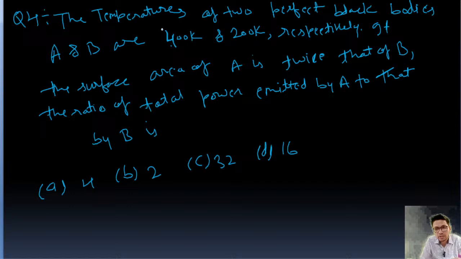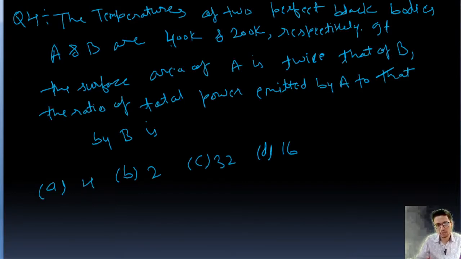And if the surface area of black body A is twice that of B, then the ratio of power emitted by A to that by B is what we need to find out. Very good question and very simple question, formula based, guys. I'll solve it for you. So here, I'll tell you.